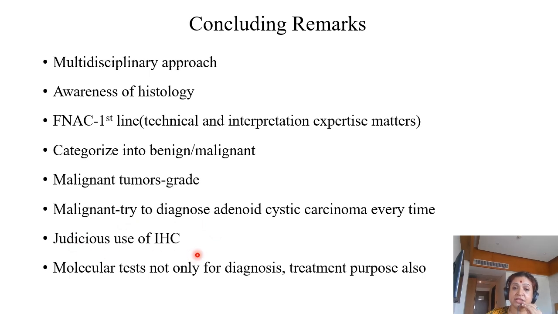Some are specific, some are not specific, so you have to be careful. Molecular tests may not be available in each and every center. Maybe you have to outsource only if that matters to the patient, like for treatment purposes, and when the categorization is of that much importance. So you have to be aware of the newer tests available.